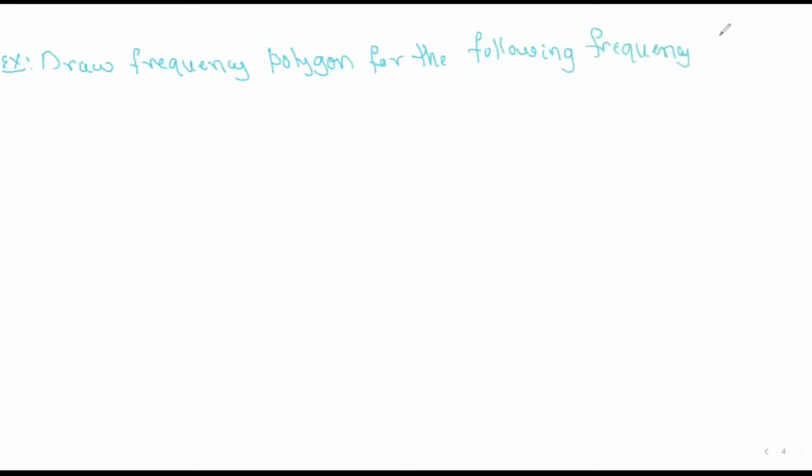Example. Draw frequency polygon for the following frequency distribution.